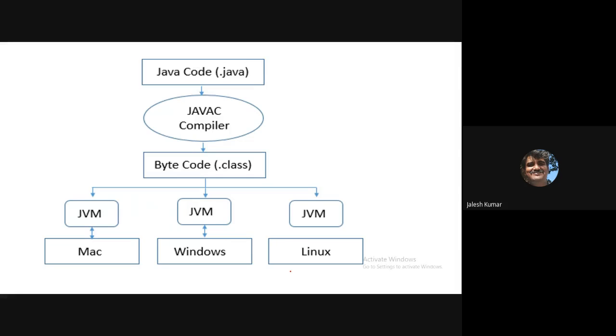One more example: let us consider that one bright student among you wants to design a new operating system. We'll take the example of Suman. He designed a new operating system and named it Suman. Is it possible to run our Java program on that new operating system designed by Suman?